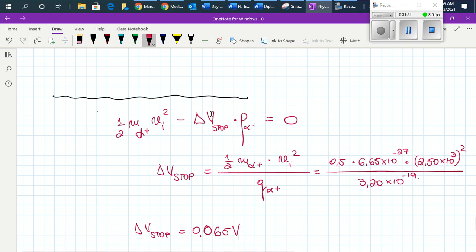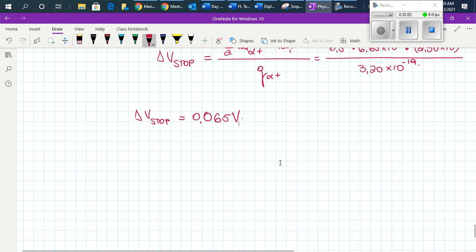Let's see now what the distance is at which it stops. The easiest way to go in this case is to use the fact that the magnitude of the electric field strength between the two parallel plates is a constant value, a uniform one.